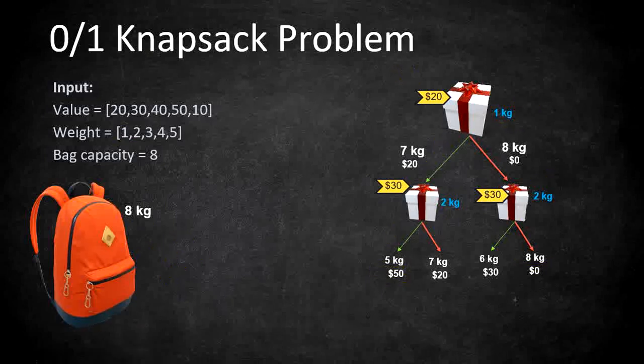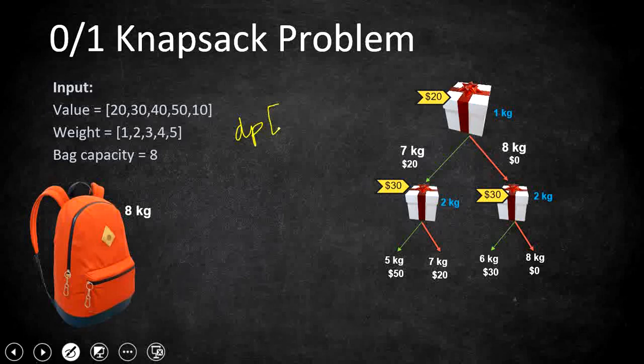So if we are going to use dynamic programming, we are going to represent these states in the form of a two-dimensional array DP, whose indexes represent the number of items and the weight of the items given.